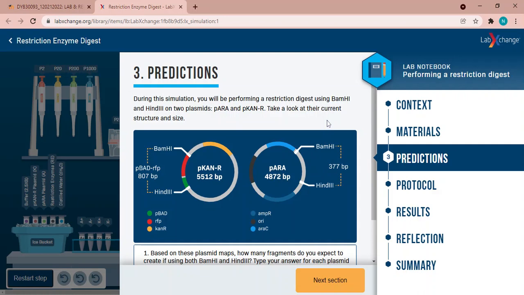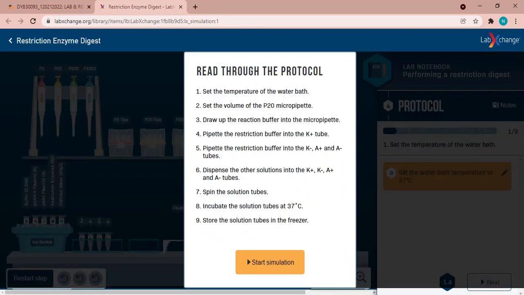So for the next section, this is the protocol of this lab simulation. First, set the temperature of the water bath. Second, set the volume of the P20 micropipette. Third, draw up the reaction buffer into the micropipette. Fourth, pipette the restriction buffer into the K plus tube.